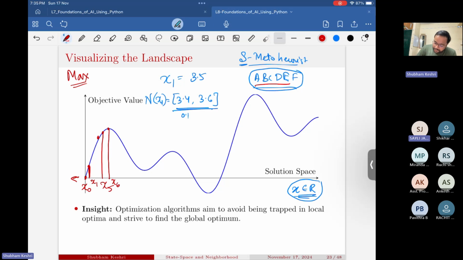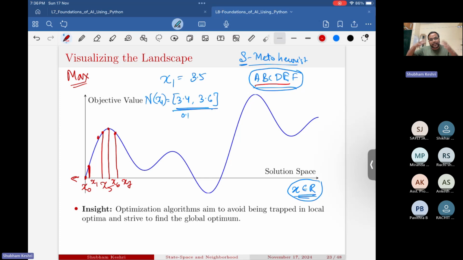Now from x6 I will see x5 and x7, and I see that x5 is also less than x6, x7 is also less than x6, so there is no neighbor I can move to. Okay, I got it. Means in the first search, x1 is greater than x0, it has to check whether x2 is less than x1 or not.